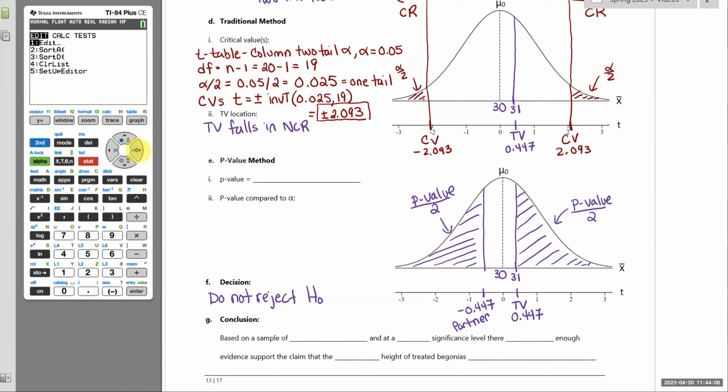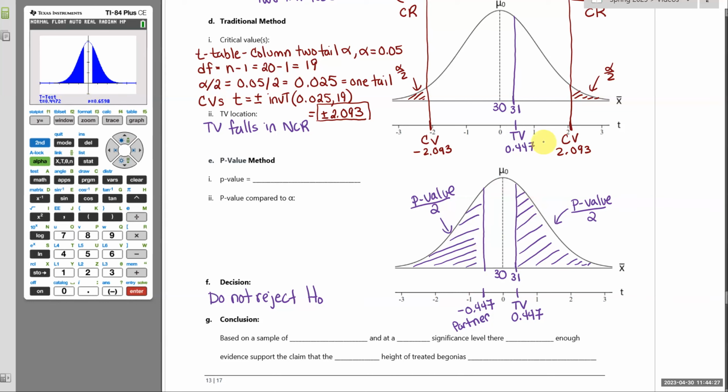So on my calculator, I am going to just go ahead and do my draw option. So if your calculator is set up and it can draw for you, that's the picture of the p-value method, and you see that shading on both sides. All right, so hopefully it's clear from these two pictures that these two together, the p-value areas, are definitely bigger than those two together, the alpha areas. So I can see that my p-value area is definitely bigger than my alpha area.